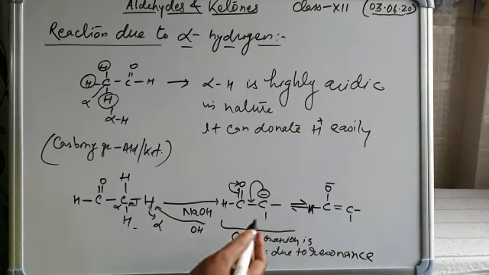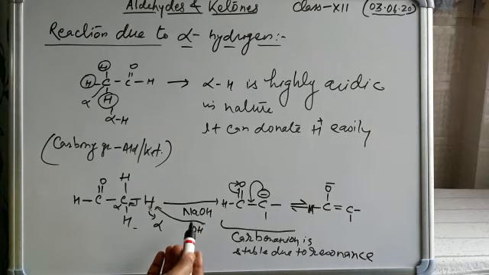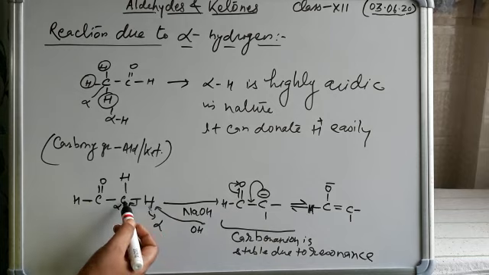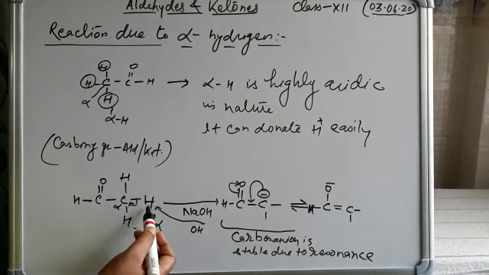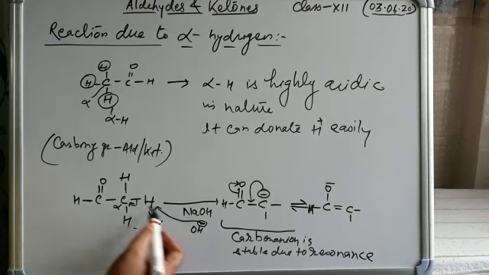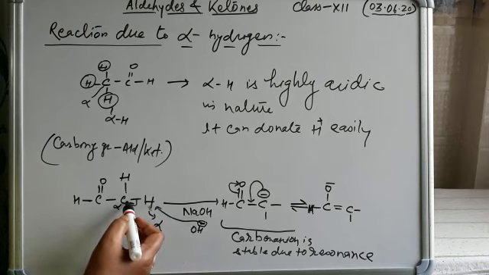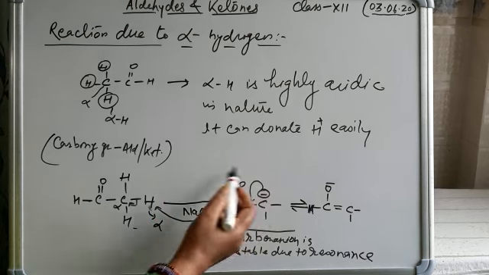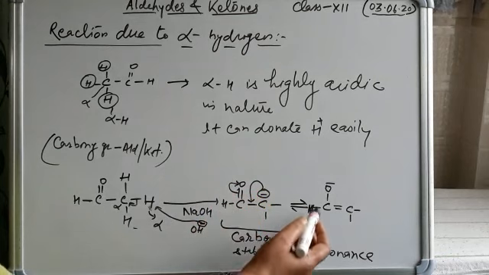So here H plus ion is easily removed. How does it take place? See here, the alpha carbon, and hydrogen present on the alpha carbon is known as alpha hydrogen, and alpha hydrogen is acidic in nature because the OH ion easily abstracts the H plus and both the electrons shift towards the carbon and the formation of the carbanion takes place. This carbanion is stable due to resonance.